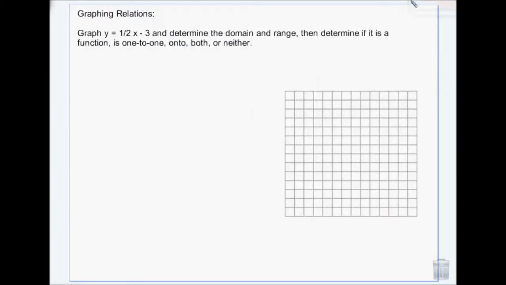All right, graphing relations, okay? So remember we have our good friend y equals mx plus b, where m is the slope and b is the y-intercept. So in this particular graph, our slope is 1/2, and our y-intercept is -3.